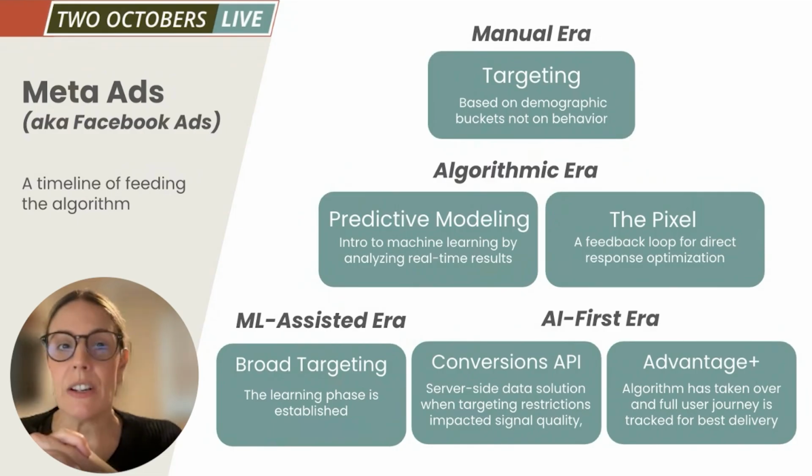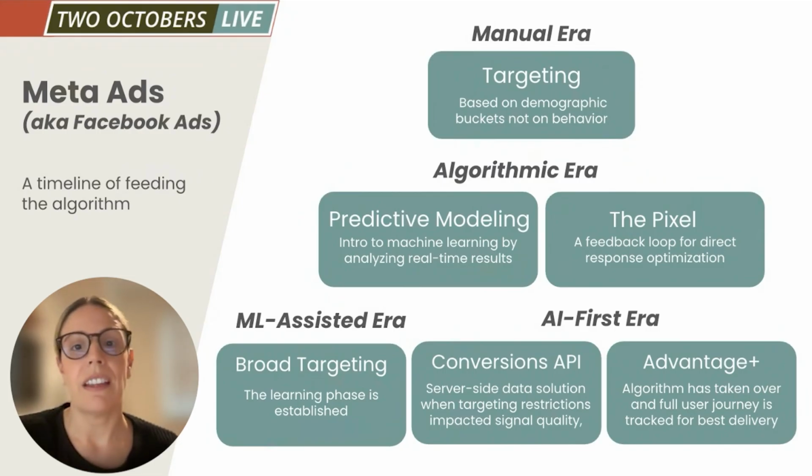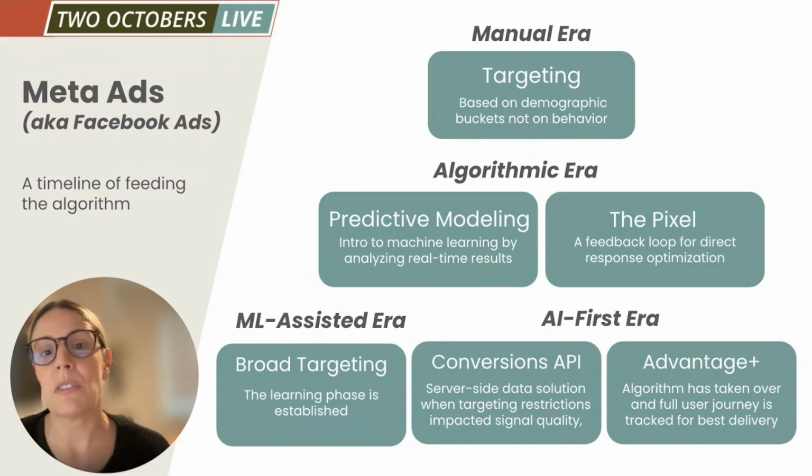From there, the AI first era of Meta moved, a lot of this was based on policy changes and restrictions that required Meta to kind of relearn how to make use of the information that it was ingesting. And it became smart enough to where you could rely on its knowledge for the full user journey, and that could impact performance and help to target accurately.